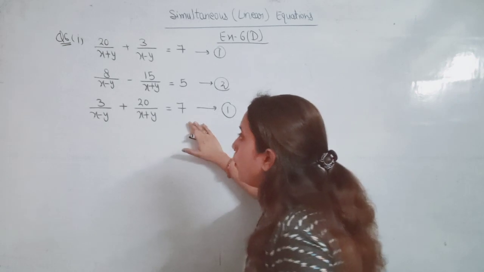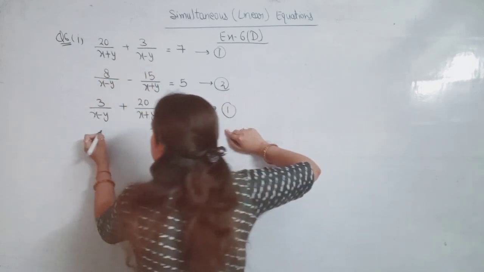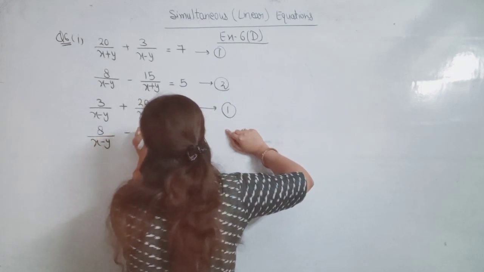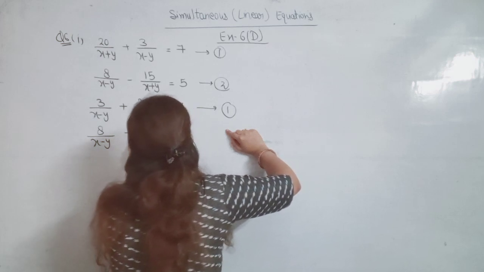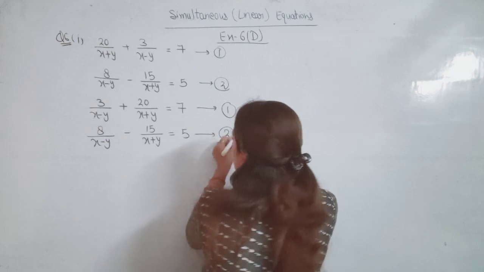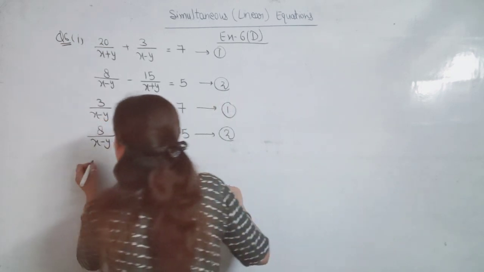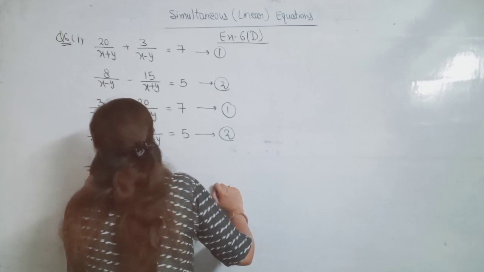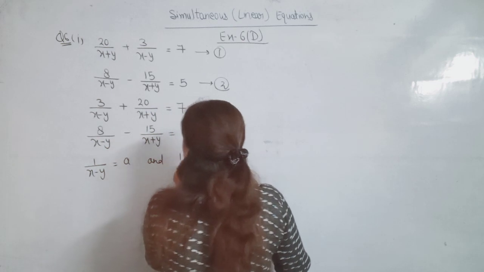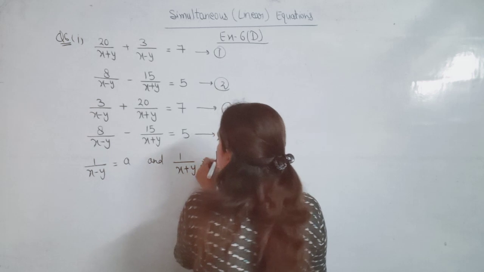Now, because both are positive, the second equation is 8 upon x minus y minus 15 upon x plus y is equal to 5, equation 2. Now let 1 upon x minus y be equal to a and 1 upon x plus y be equal to b.